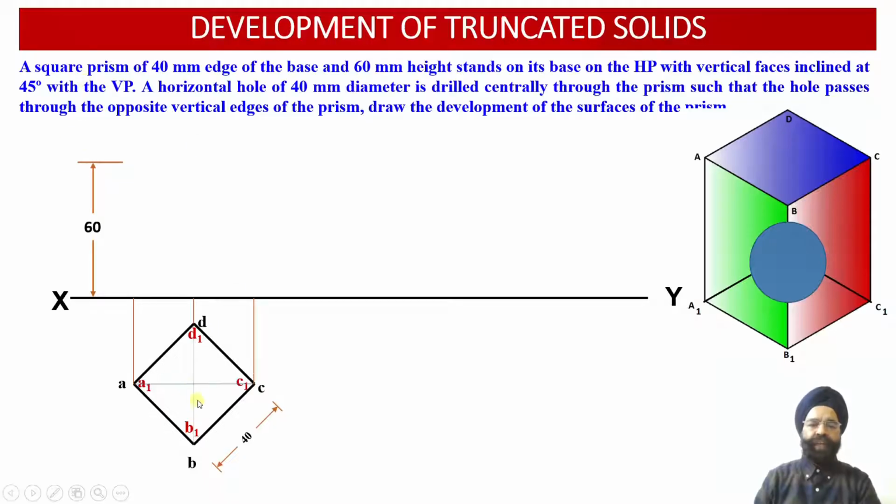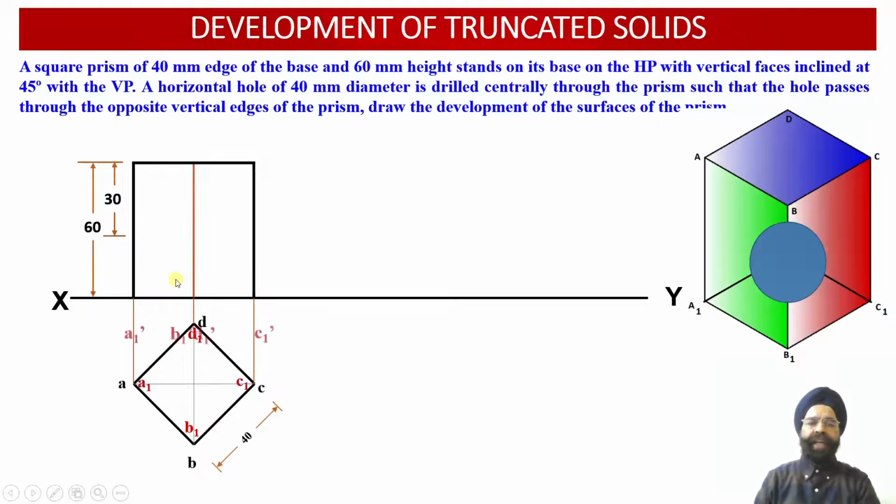We know that the axis height of this prism is 60 millimeter. Once we mark the axis height of the prism equal to 60 millimeter, we can obtain the front view projections corresponding to the square prism.